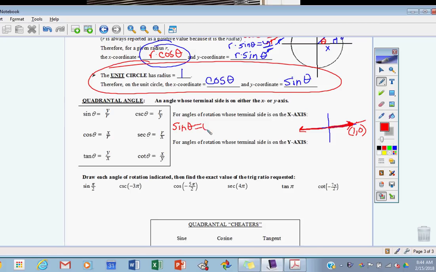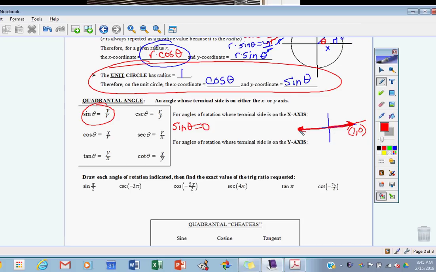Well, the y coordinate is 0, so I know sine theta is going to come out to 0. Now another way, there's multiple ways to think about it, but just look right here. If r is 1, sine theta is equal to y, right? So sine theta is equal to y. Well, what's over 1? That's the y value right there.